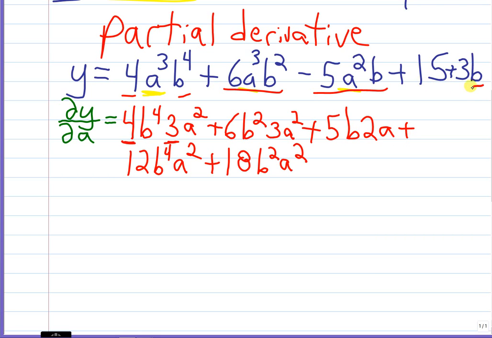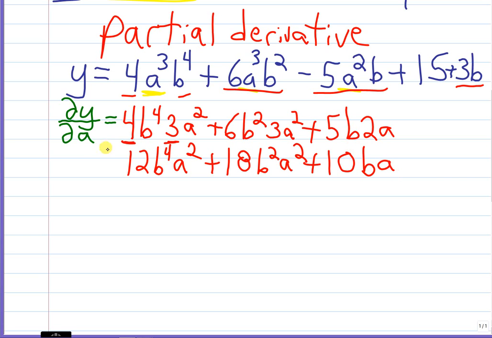The derivative of the 3b, since there's no a in it, we treat it like a constant, and that derivative is also going to be 0. So we're done. Except we can clean this last term up a little bit. 2 times 5 is 10, and b a, or ab, that would be the same thing.